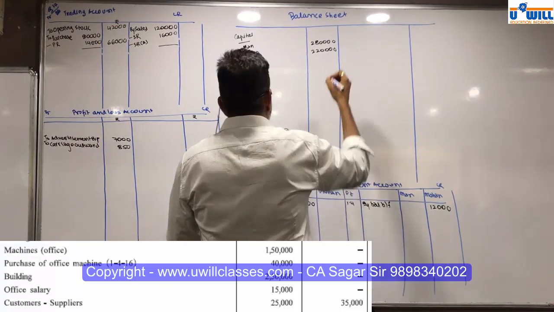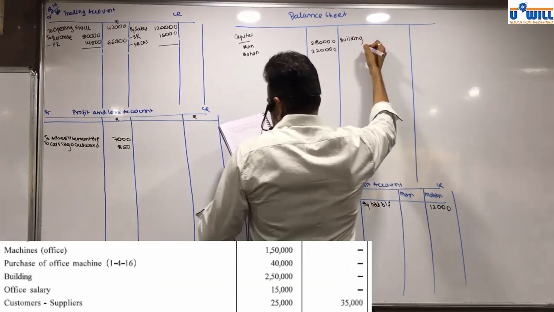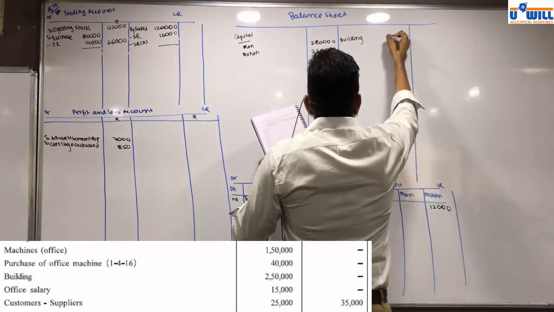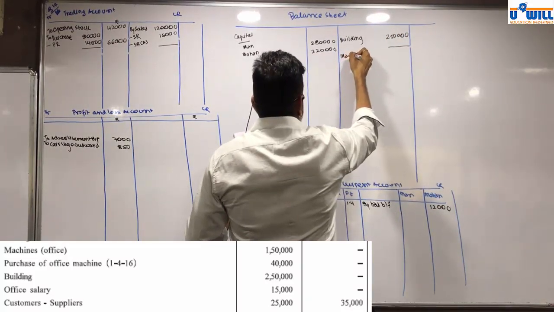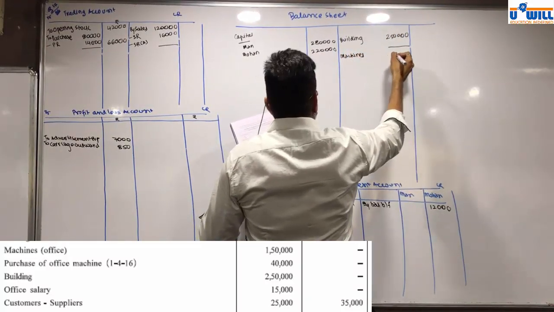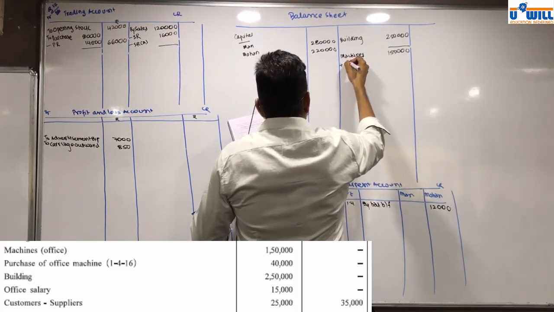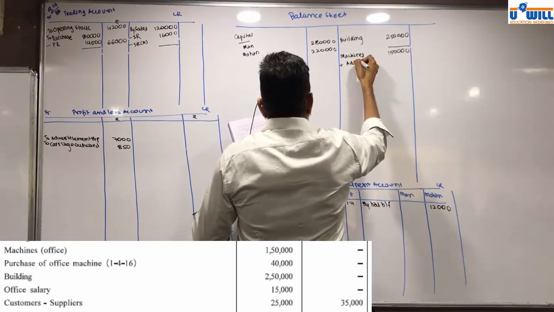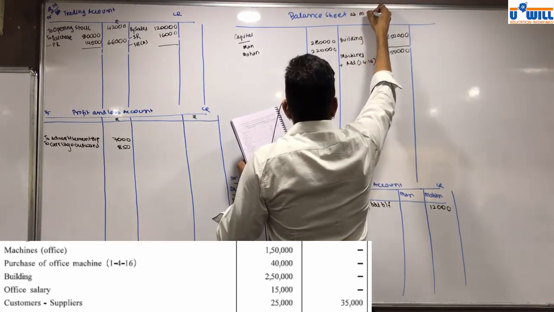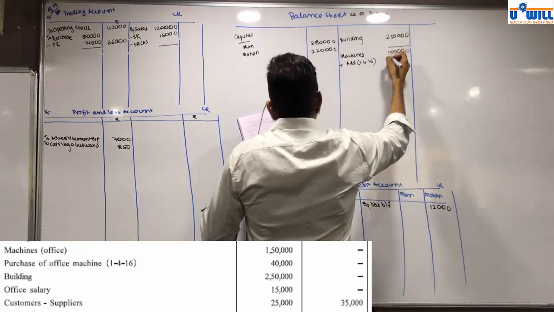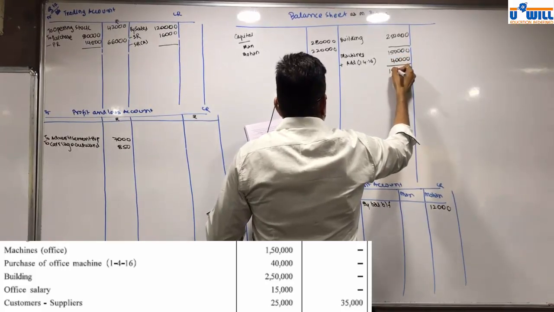But we also have building, so let's write building first. Building 2,50,000. Machines: we have 1,50,000 plus addition on 1/4. Balance sheet is as on 31/3/2017. So it is 40,000. Inner column 1,90,000.